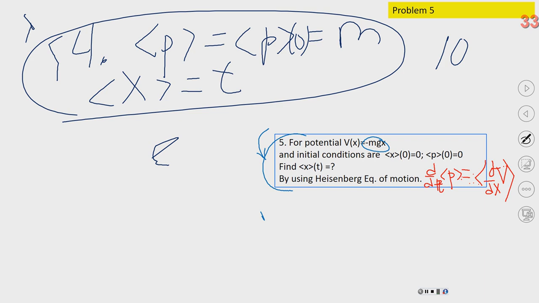Right? So we have the direction of coordinate and potential going in opposite directions. So this is the hardest of the problems, excluding extra credit.